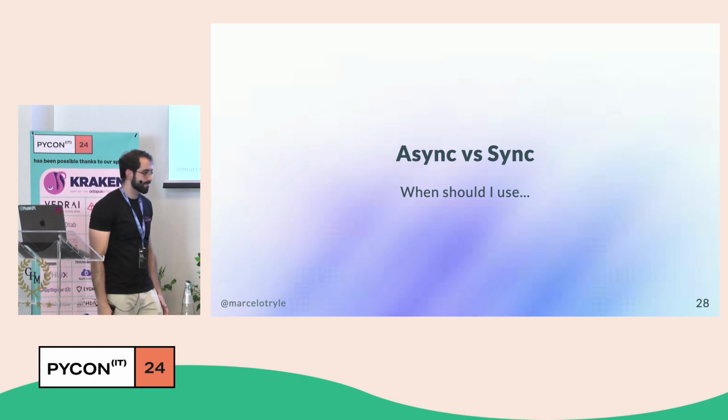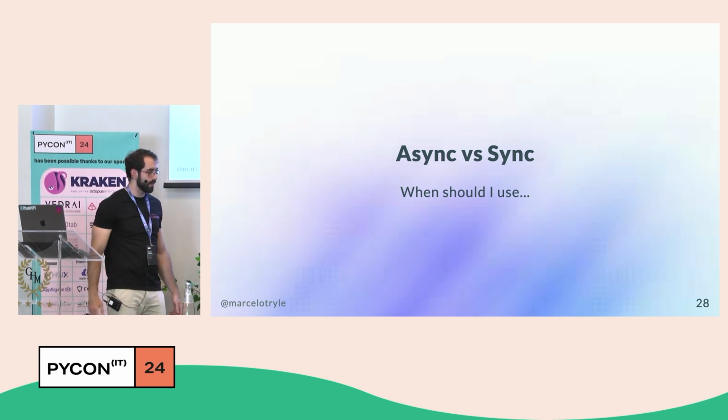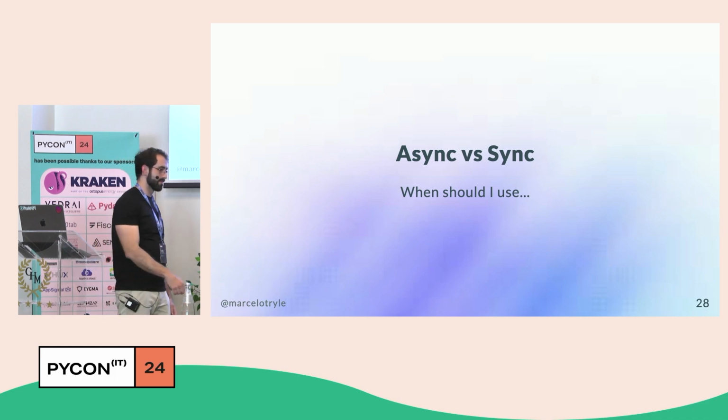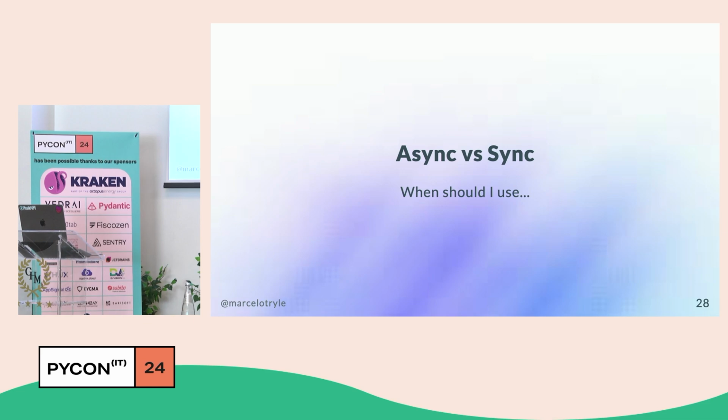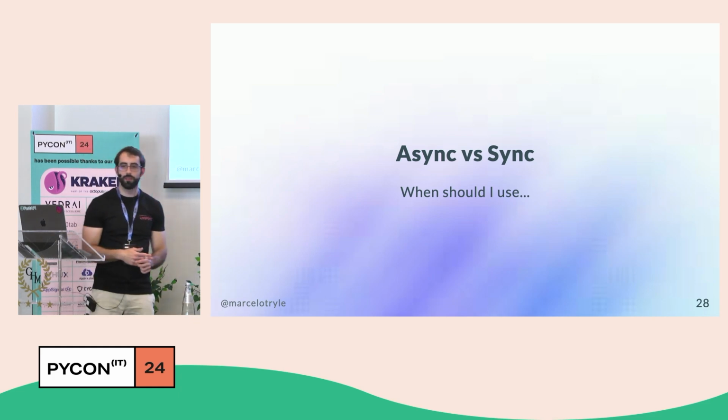Asynchronous, where you're doing anything that is I/O bound. I know that's a tricky question, like about the sync part. If it's thread I/O blocking, then you should use sync.